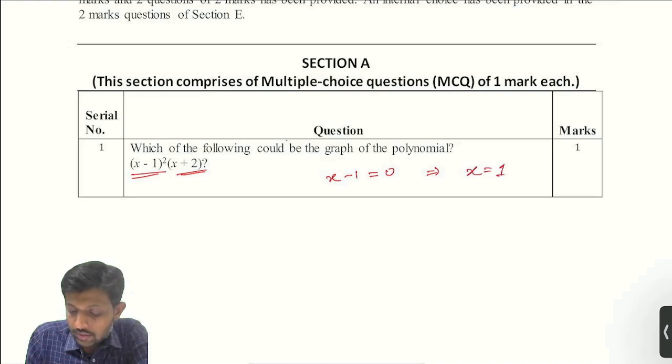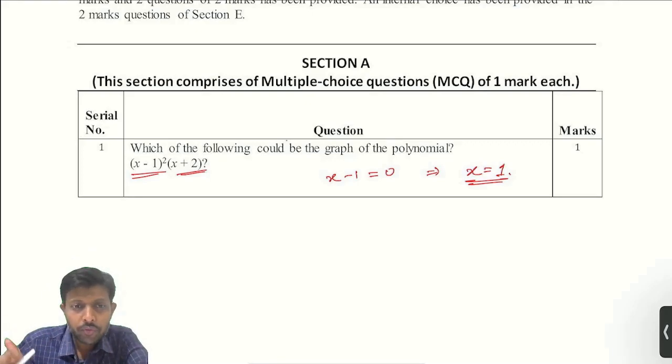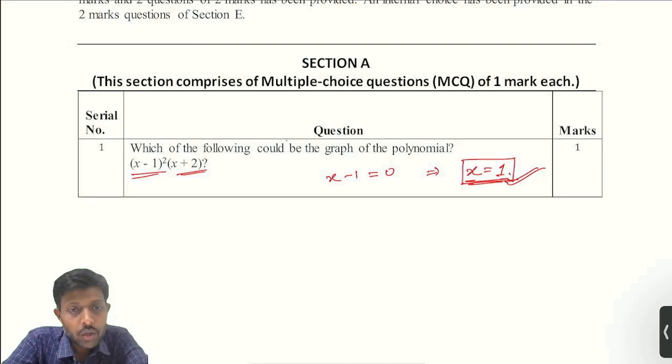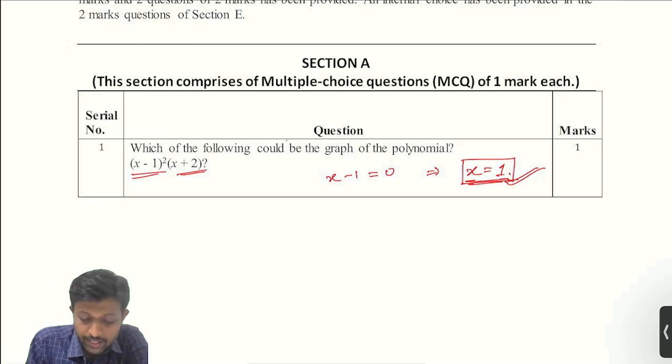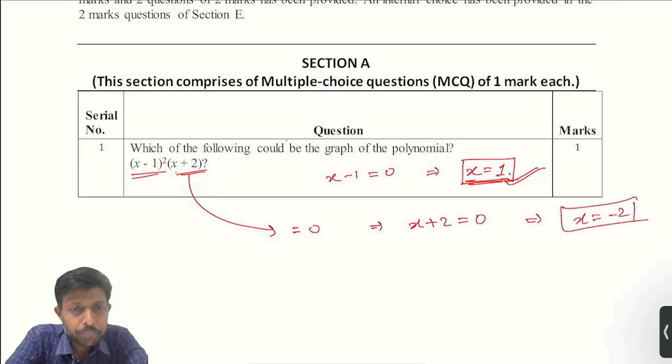When x is equal to 1. So x equal to 1 is definitely a 0. So when you are looking at the graph of this polynomial, you will see this polynomial cuts the x-axis at this point. Okay. What about the second zero? The second zero is x equal to minus 2. Let's say x plus 2 becomes 0. So x equal to minus 2. This is where this would cut.